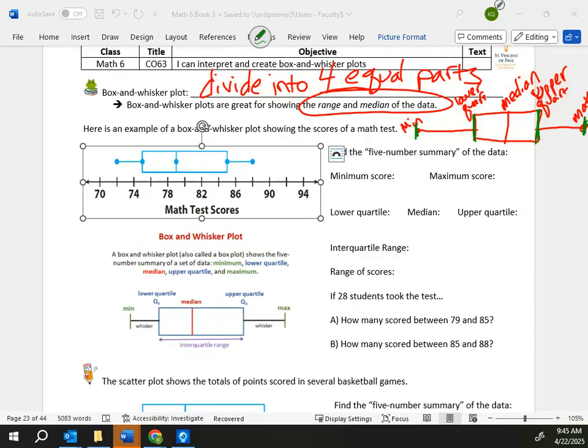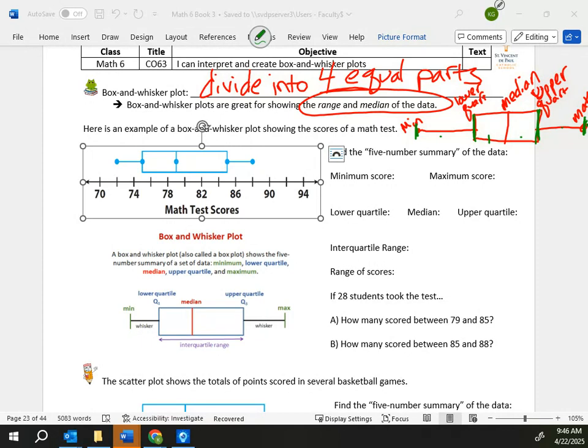Remember, all of your data that you get, you count up how many data points there are and divide it by what? 4. So if we have 12 data points, there's going to be how many in each section? If there were 12 data points.